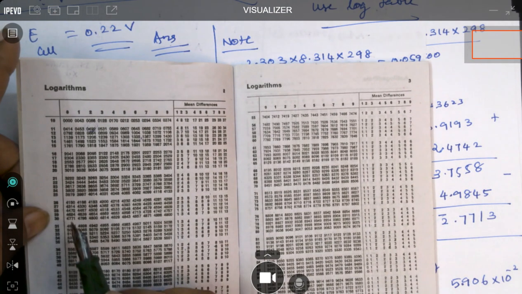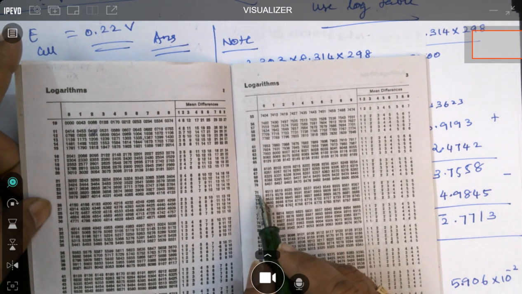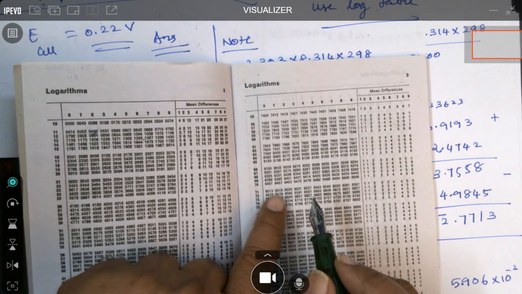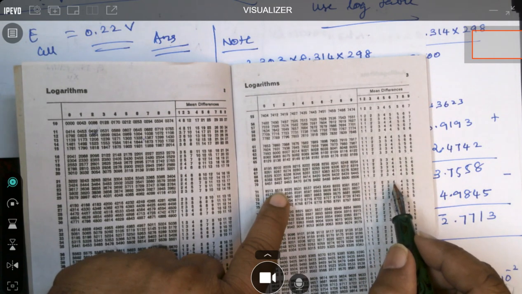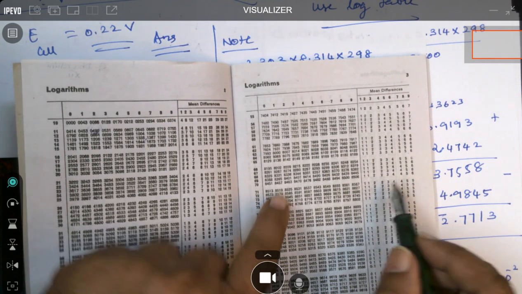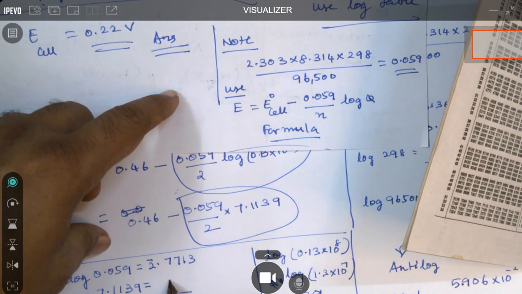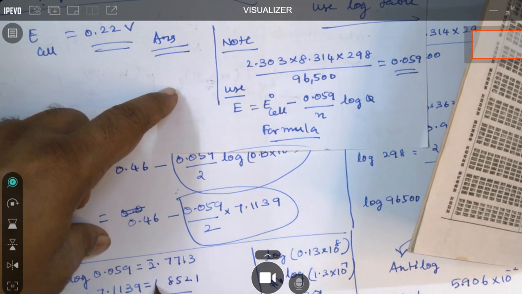Okay, so 71 139 means 4, so you can take 4 2. So 8521. Is it not? So 8521 and this is 0 point.